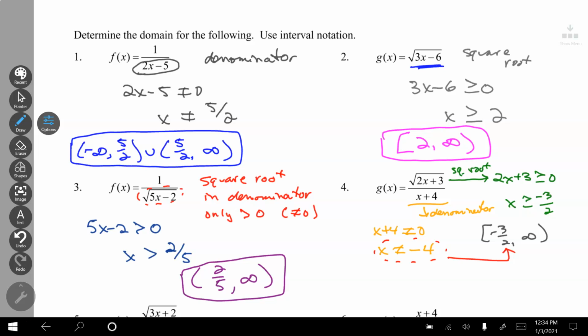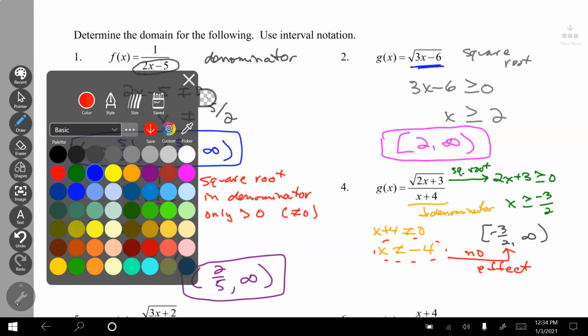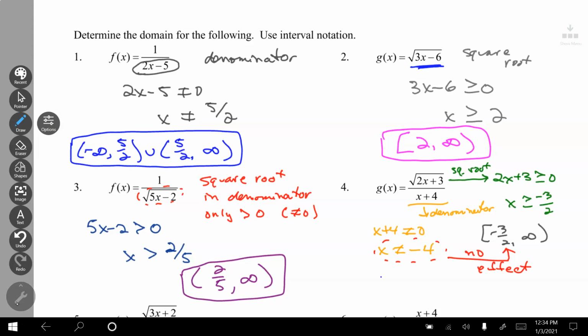I have this window right now of negative 3 over 2 to infinity, and I can't use negative 4, and negative 4 is not in there, so it has no effect on any of this. So my result for this domain is negative 3 over 2 to infinity. Even though I had to do both rules to make sure, that denominator rule had no effect on that smaller window. The square root rule always will make a smaller domain or a smaller window. Domains never get bigger, they only get smaller.